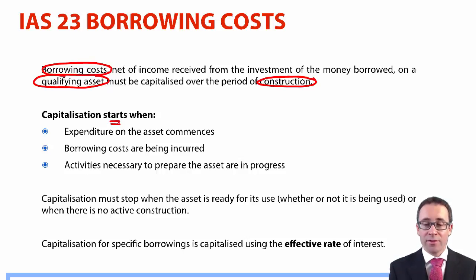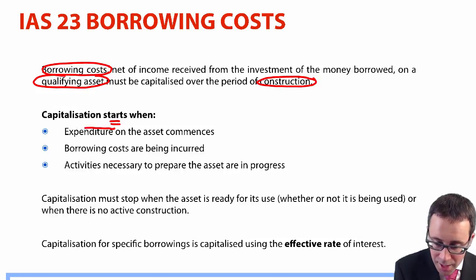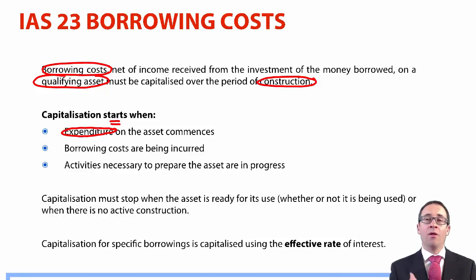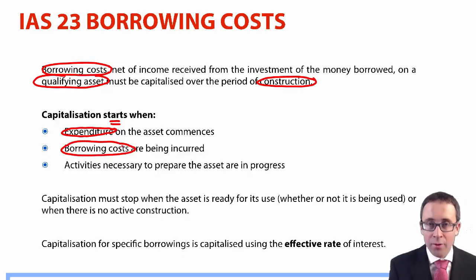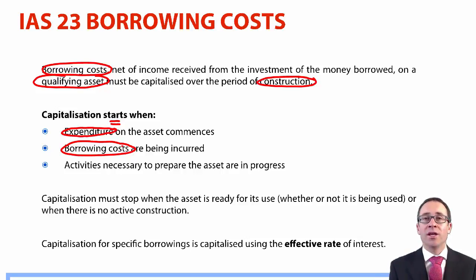The first one is that there must be expenditure being incurred on the asset, whether that's labor or, more importantly, materials being bought and put into the construction of the asset. So when there is expenditure, that's one of the three criteria that we meet. The other one goes without saying, really, doesn't it? The borrowing costs are being incurred. You are actually accruing interest on the loan, which goes without saying, because if you're not accruing interest on a loan, then there's nothing to capitalize, is there?